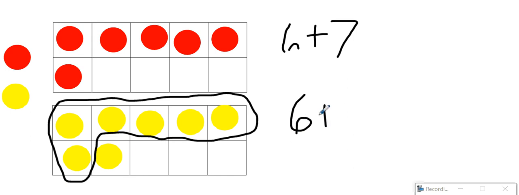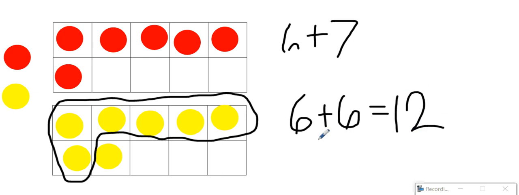So if I know what 6 plus 6 is, if I know my doubles, how many of you out there know your doubles? Is 12. Oh, that's going to help me, isn't it? Because 6 plus 6 is 12 plus 1 more. Where did I get 1 more?